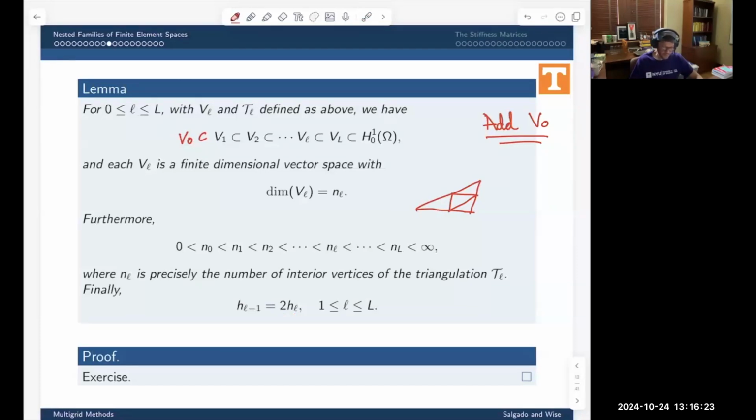We get 4 children triangles which are congruent to the parent, which means that they have the same angles, which is easy enough to see. And the edges of each one of these triangles is half the size of the previous edges. At least this one here is half that. This is going to be half of this one, right? So that's why we have this relationship. And the proof of that is also an exercise, but I think it's easy enough to see.